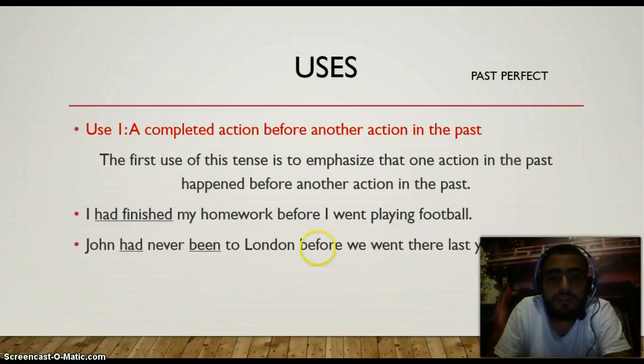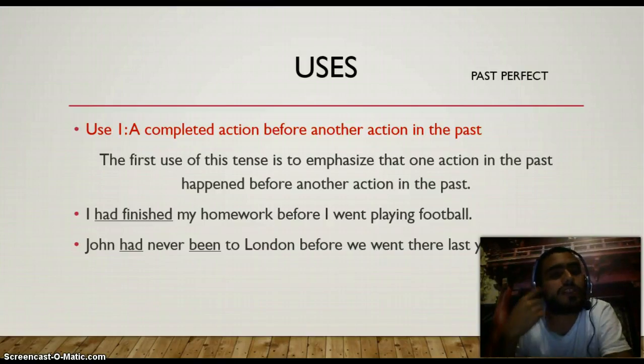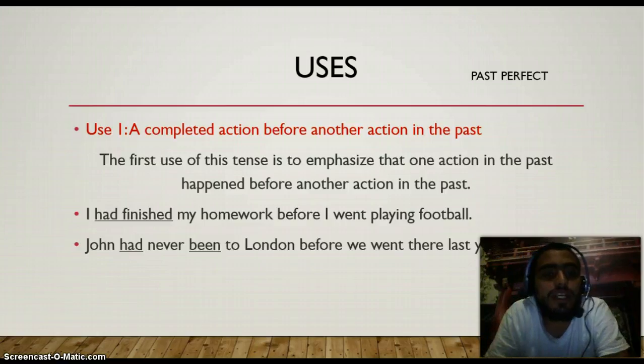So we have a signal word here that alerts you that it might be using past perfect tense. There's another example. Jan had never been to London before. We went there last year.